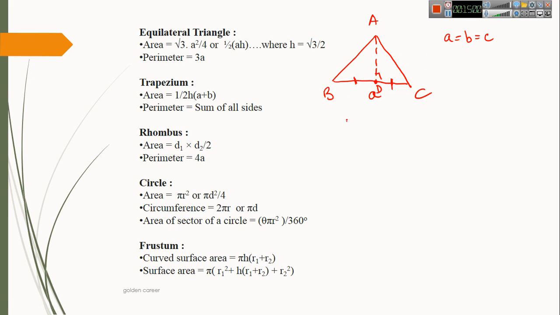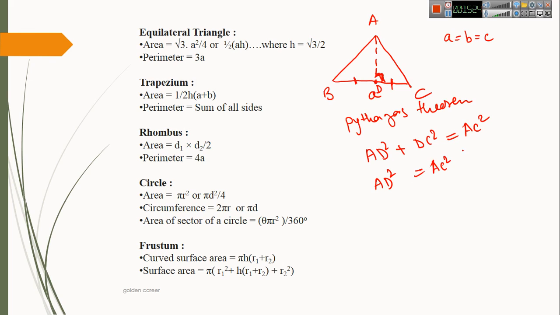So using the Pythagoras theorem, AD square plus DC square must be equal to AC square, since here we have a right triangle. So we need to calculate AD square, which will be equal to AC square minus DC square.